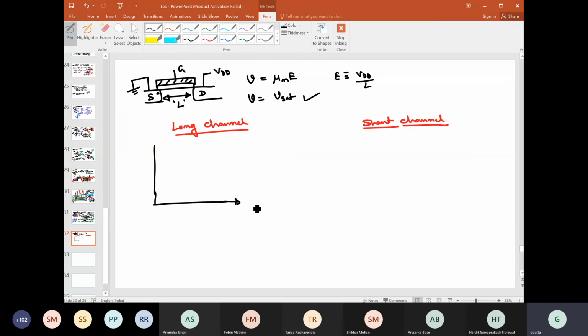So for long channel, if we are plotting VDS versus ID, then we follow this technique that we will make this type of line, where this line indicates where the transistor goes from, below this point the transistor will be in the triode region, above this point it will be in the saturation region. So it is basically this VDS sat, which is equal to VGS minus the threshold voltage of this transistor, right? You know that. So that way you can also draw a couple of other lines.